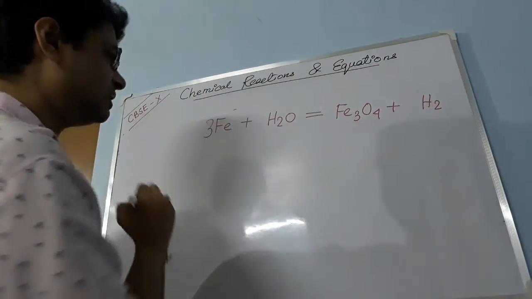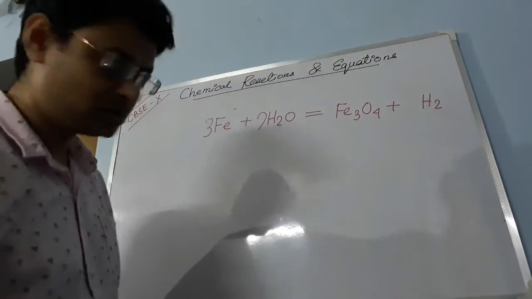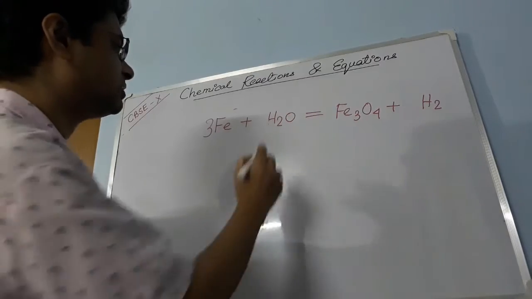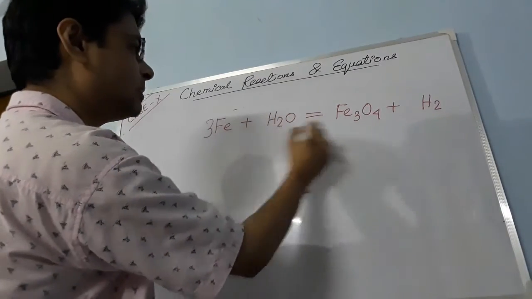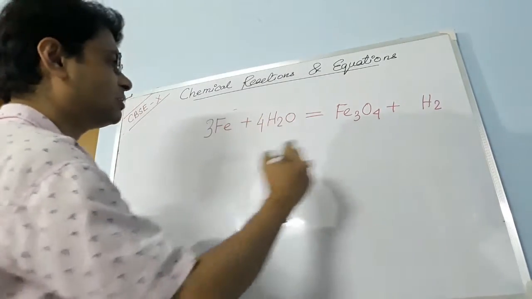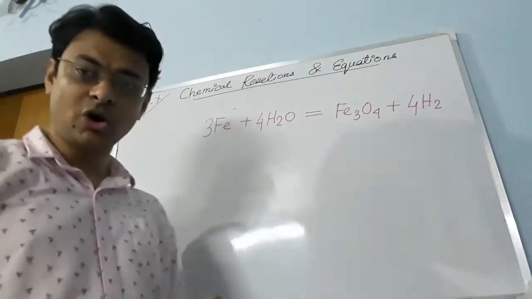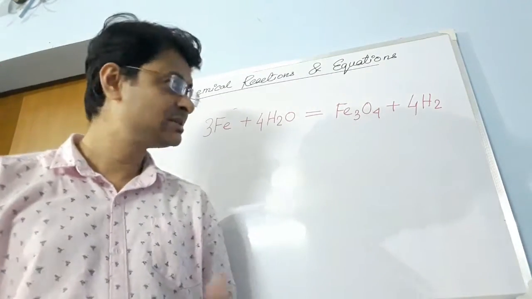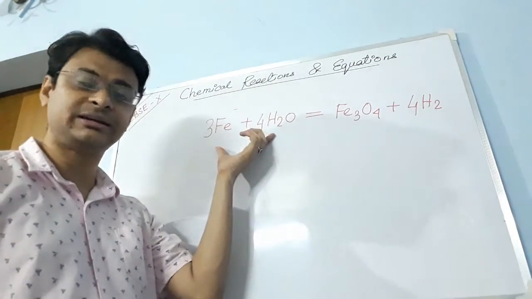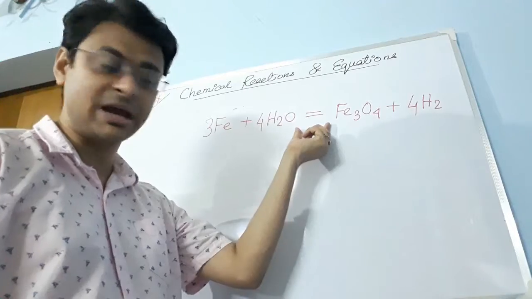This will be 3, this will be 3, and this will be 4, and this will be 4. So as per the law of conservation of mass, since these two sides are equal, that is, the masses of the reactants and the masses of the products are the same, we write an equal to sign.